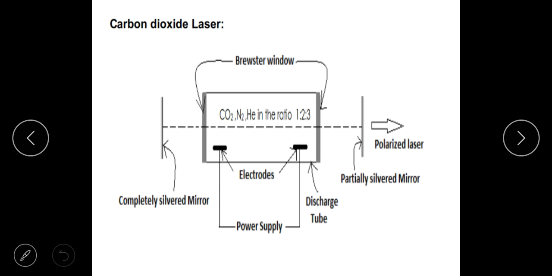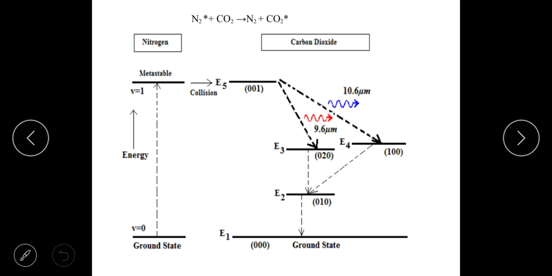So in this discharge tube, we are going to take CO2, N2 and He and water vapor in the ratio of 1:2:3. This is the first thing. Power supply will pump. Okay, when you start the power supply, there is a discharge, and what that discharge does is that it will separate electrons from the atoms.